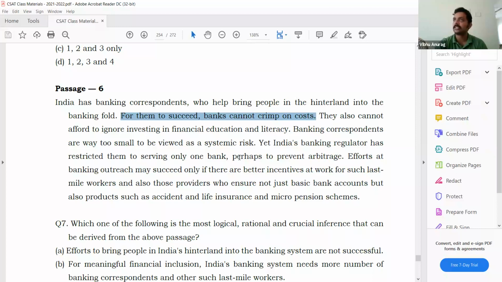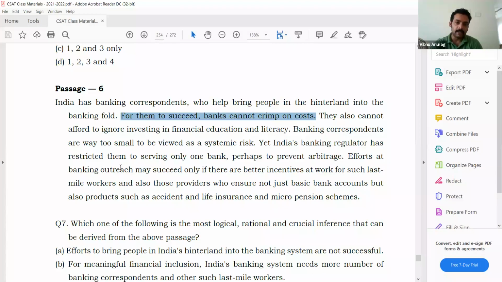To crimp on cost means to reduce, to cut down. Arbitrage is basically actions taken for profit, like buying something at a low price, and then going somewhere else and selling it at a higher price. That is called arbitrage. So probably these bankers are limited to only one bank so that they cannot make money by favoring one bank over the other.